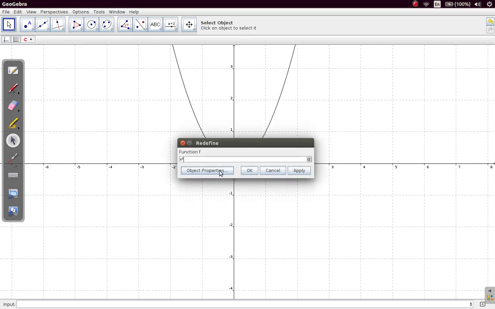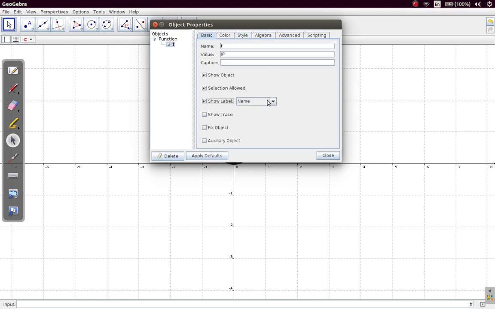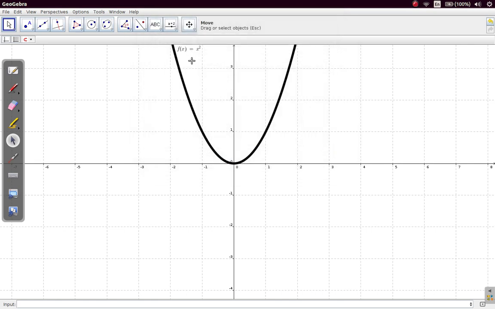Let me make the graph thicker than it is now, and I want to see the function itself. So what this software does is label it as f of x equals x squared instead of y equals x squared.